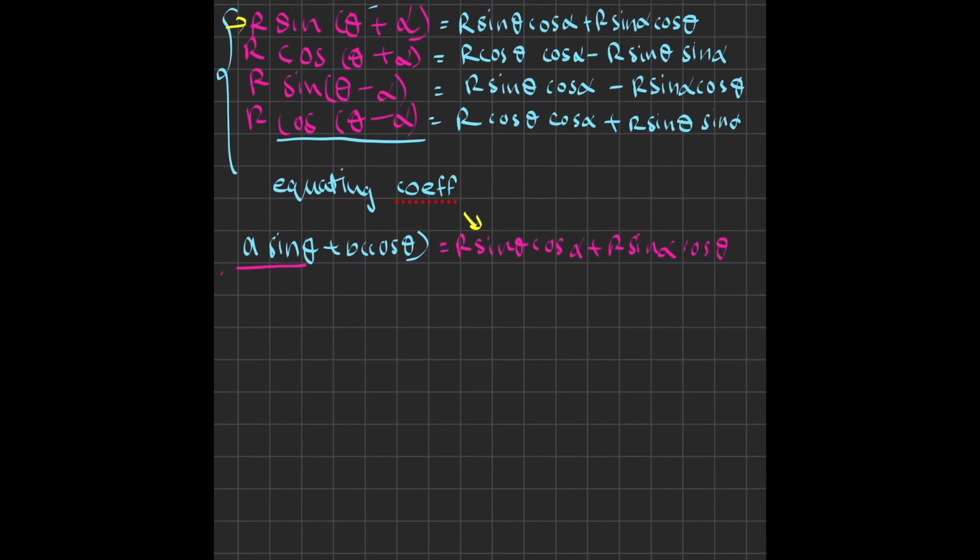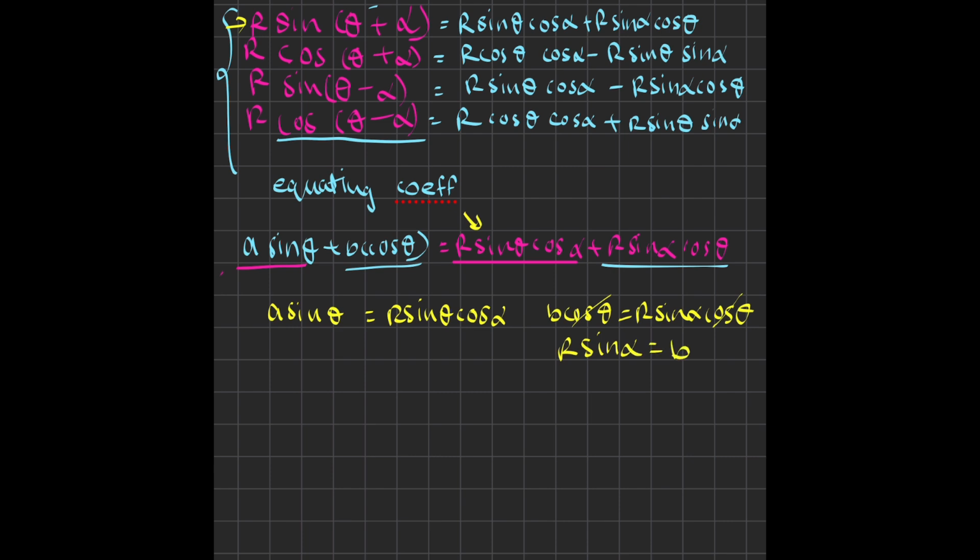And we know this will equal this, and we can say this value will equal this value. So from here, what we'll get is a sine theta equals r sine theta cos alpha, and b cos theta equals r sine alpha cos theta. The cos and cos will cancel out, so we'll have r sine alpha equals b, and here we'll have r cos alpha equals a, right?